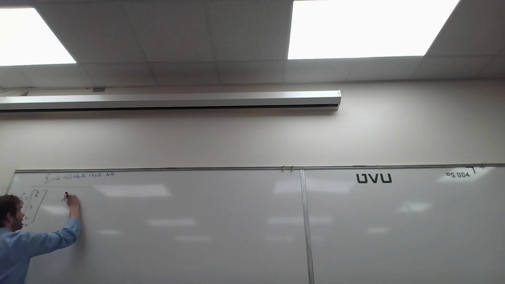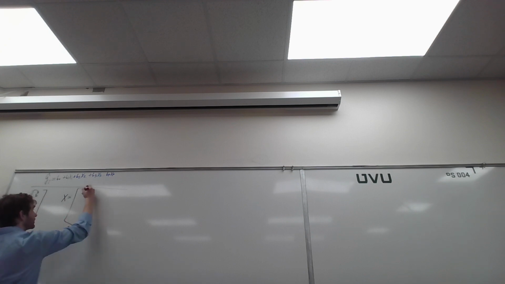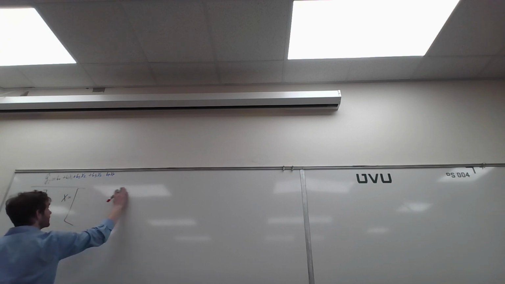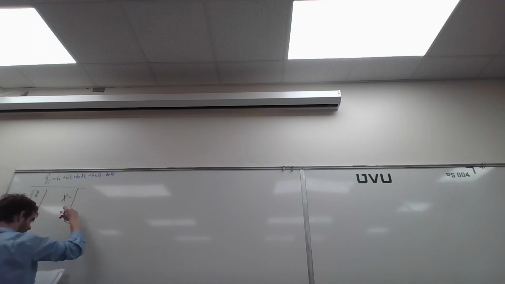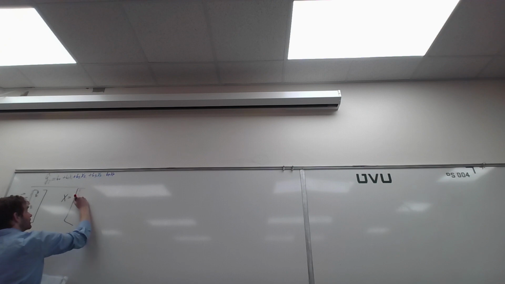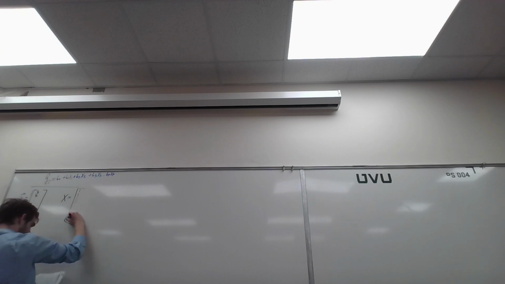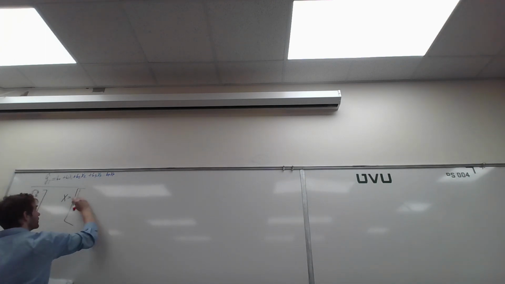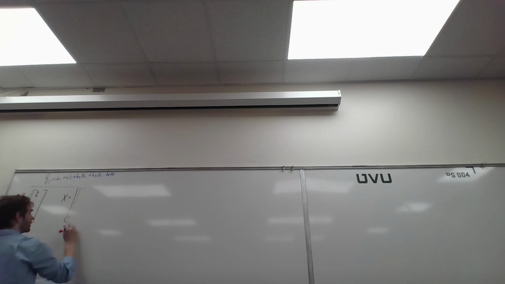Then we have some X matrix. This matrix starts with a list of ones. We talked about this last time. It starts with a list of ones, all the way down, dot, dot, dot, 1.